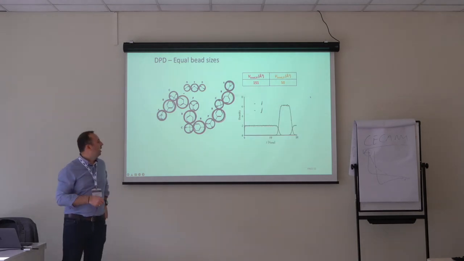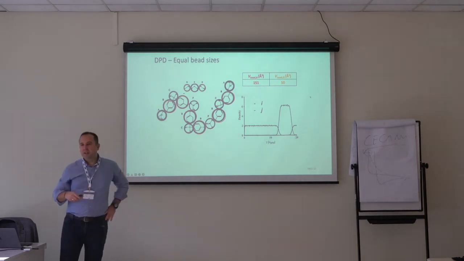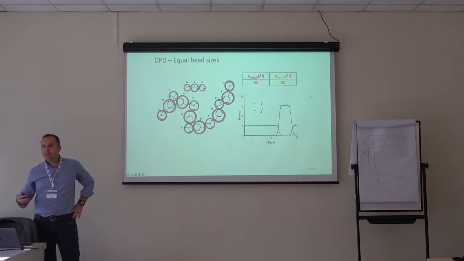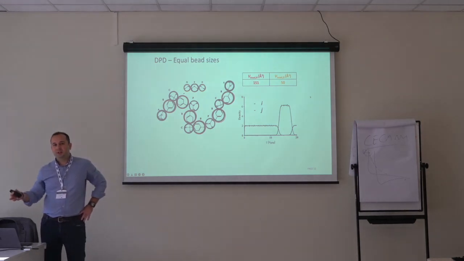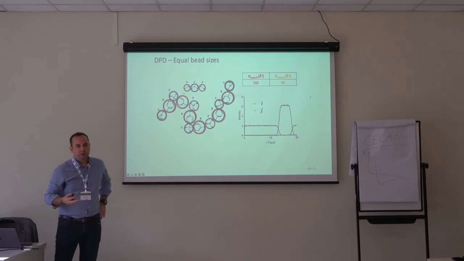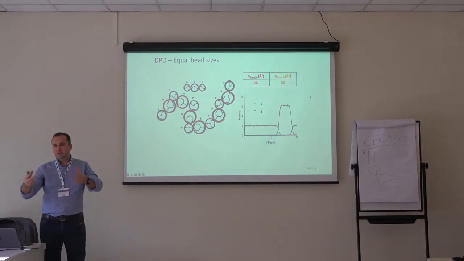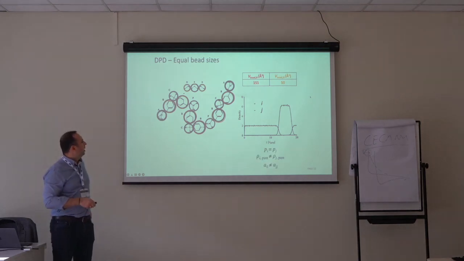You need to model a system that is capable of generating local volume differences around particular beads, because that's how you make sure that your end structure is correct. If you have a small bead, of course the volume around that bead should be small, and vice versa.